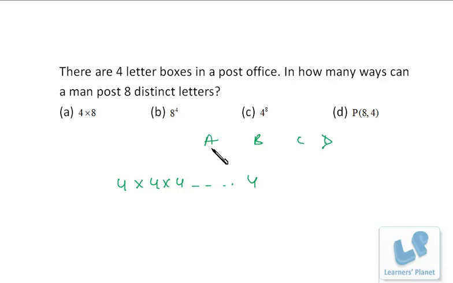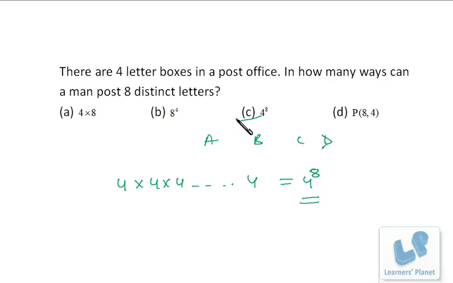We can put the letter either in A or B or C or D, right? So for each letter we have 4 choices. So for 8 letters we have 4 into 4 into 4 till 8 times. So 4 raised to 8 ways or choices we have to post 8 letters in 4 letter boxes, right? So it's 4 raised to 8.